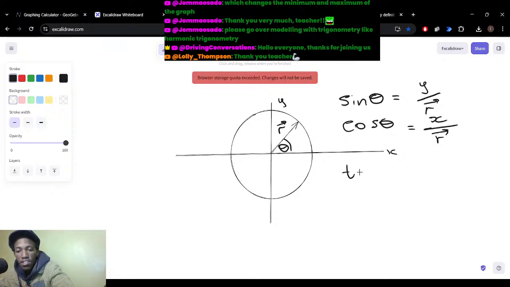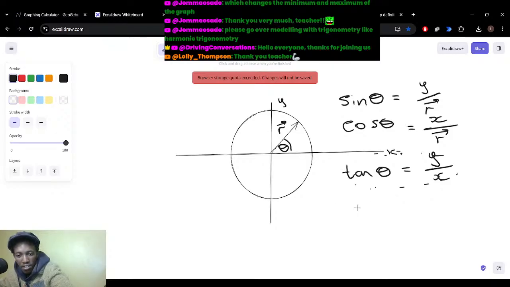Tan theta is y over x. Let's look at this part here, tan theta. So tan theta is equal to y over x, right?